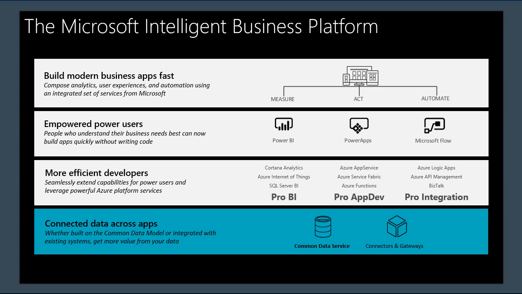So Measure, Act, and Automate for power users is Power BI, Power Apps, and Microsoft Flow. And the Common Data Service adds to these three by providing a declarative backend right now for data store, and in the near future for logic as well.